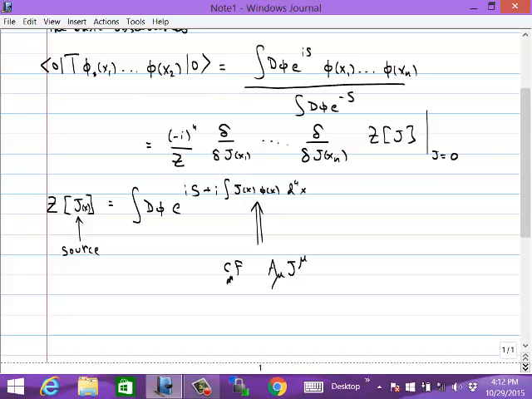So you imagine inserting some currents and sources that you just hold fixed, and then summing over all possible values of the Maxwell field in the presence of those sources, and then weighting that sum, that integral, by the Maxwell action, including the source term A mu j mu. And here we just have a scalar field, so there's no extra indices floating around, so it's just j times phi.